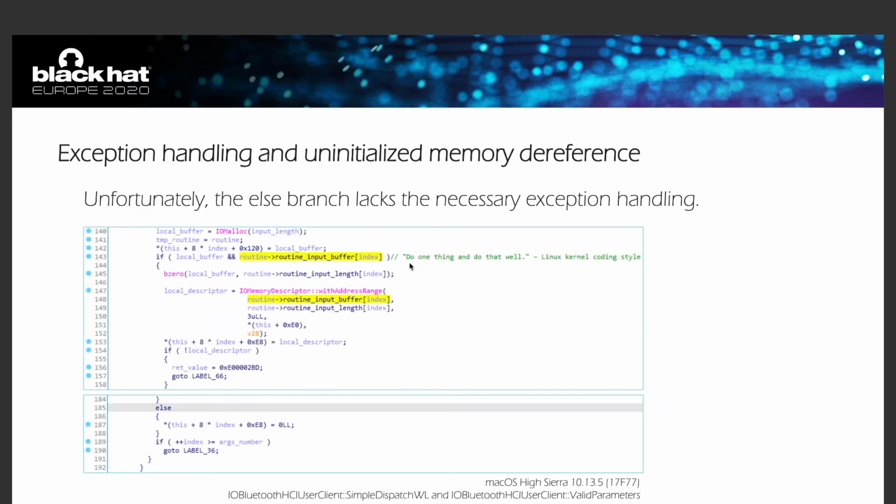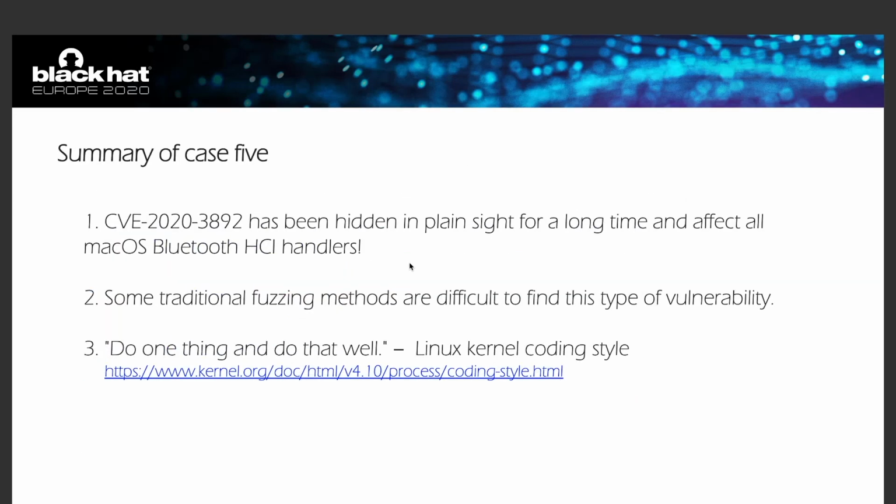This means that an attacker can bypass or skip the initialization process of the function validate parameters by only providing the input length. And this uninitialized buffer is then passed to all HCI handlers.